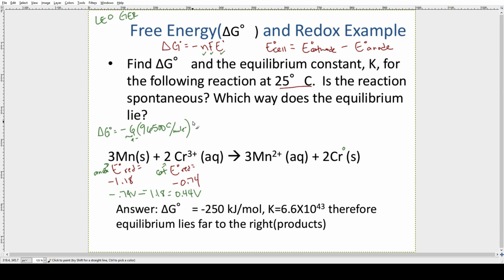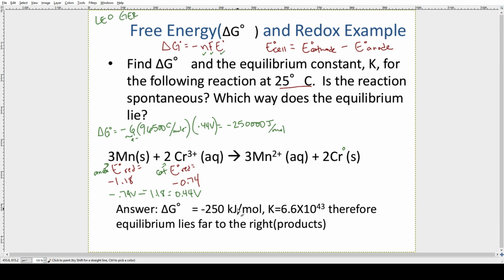Times my E, which I just got, is 0.44 volts. So I end up with a delta G of negative, it comes out as like 250,000. Well, that's in joules. And this is actually going to come out per mole.